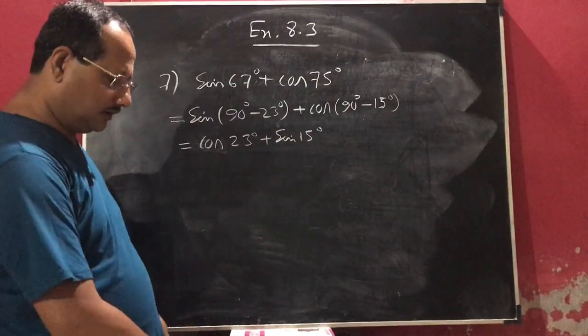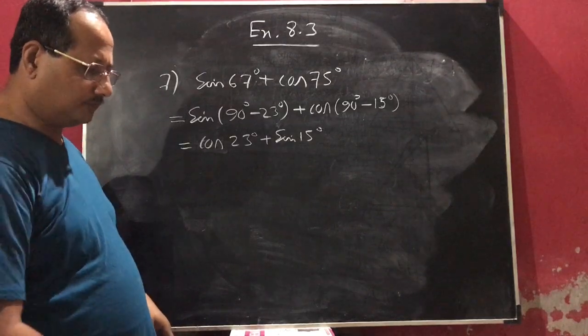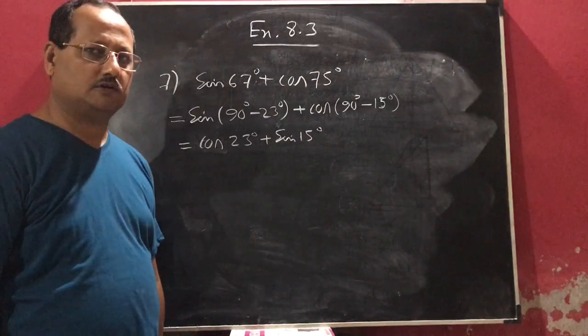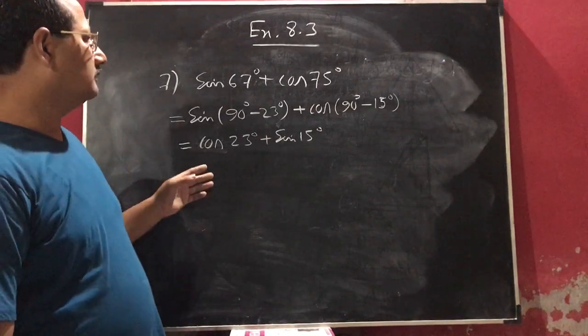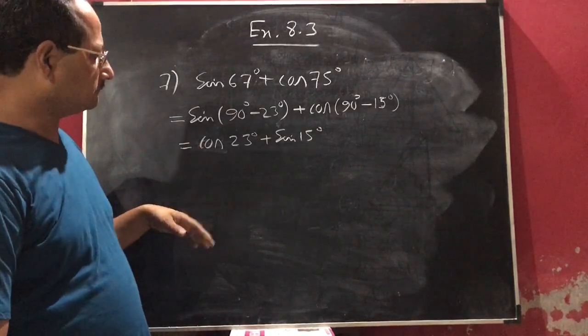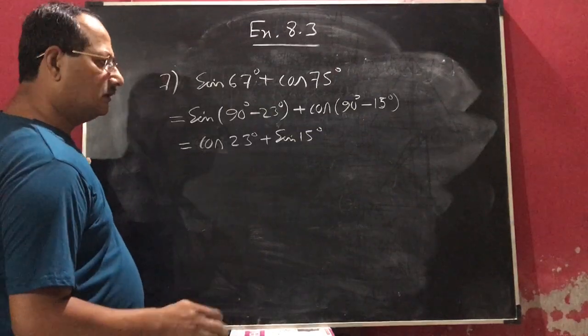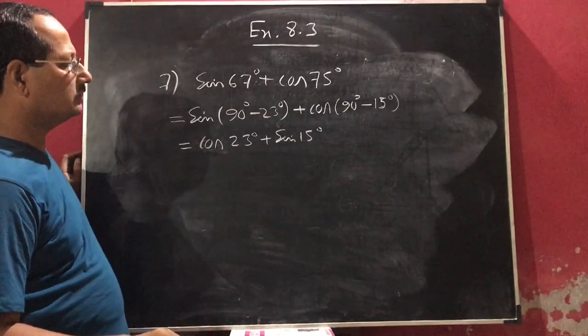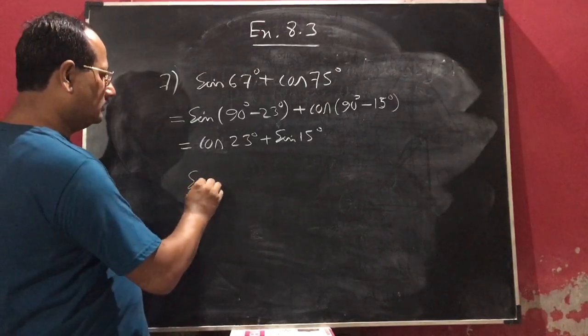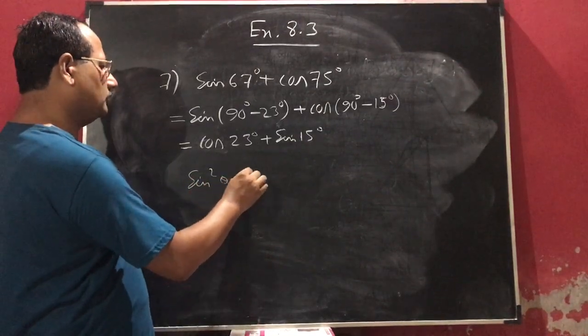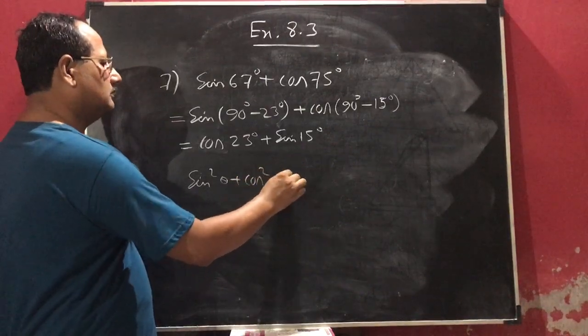So next come to the new topic, trigonometric identities. This is most important in future. In your course we discuss only 3 basic identities. One is sin square theta plus cos square theta is 1.